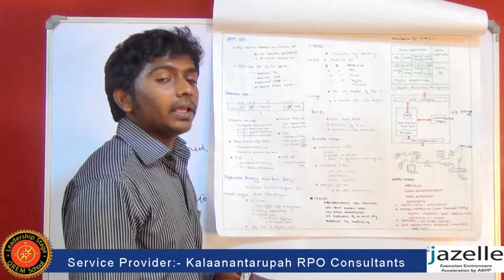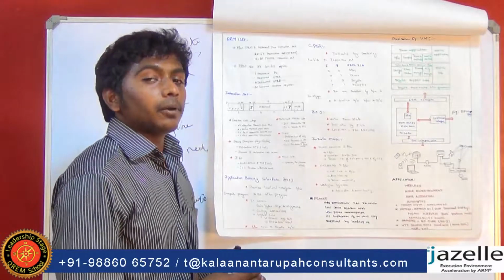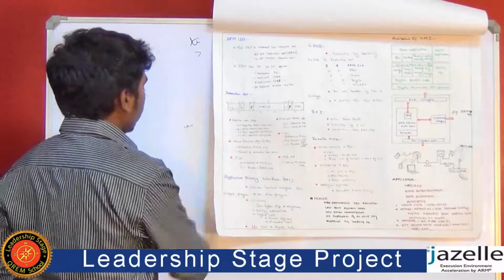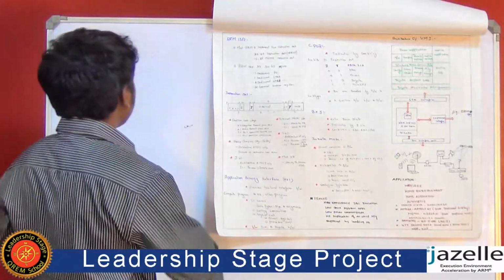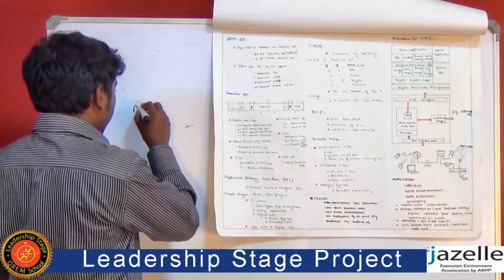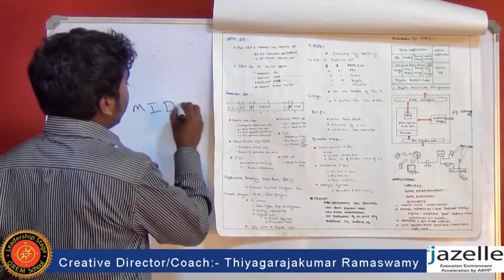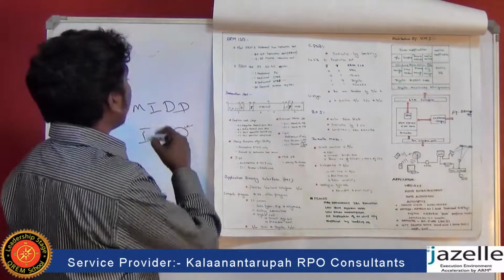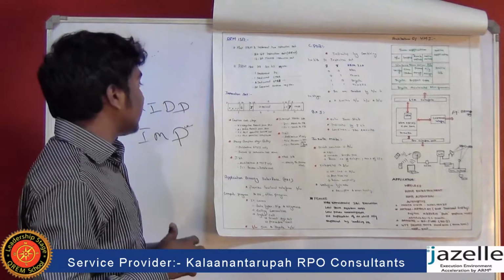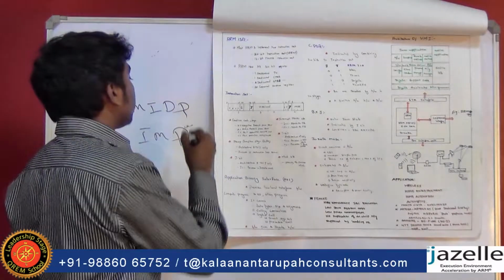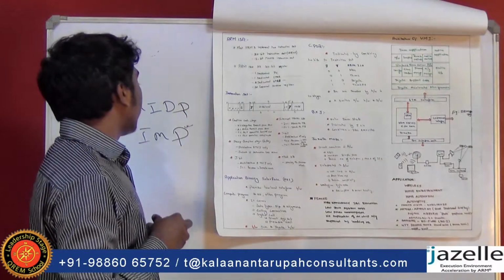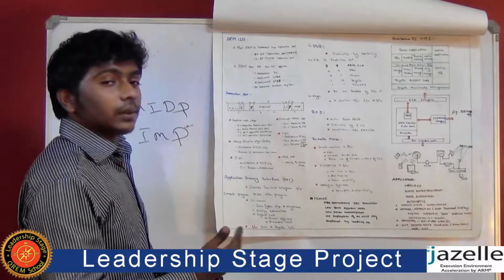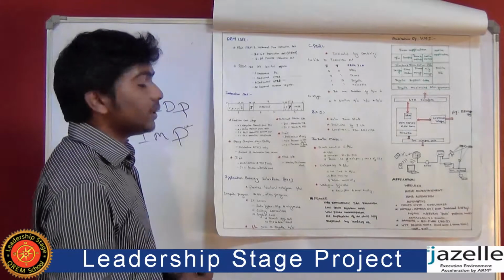It was developed by the Java Community Process. It uses MIDP and IMP. MIDP stands for Mobile Information Device Profile, and IMP stands for Information Module Profile. MIDP is a subset that is derived from Java ME.